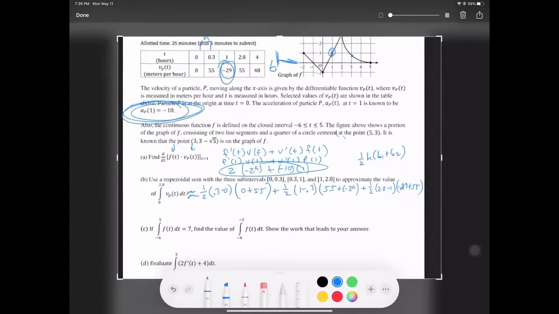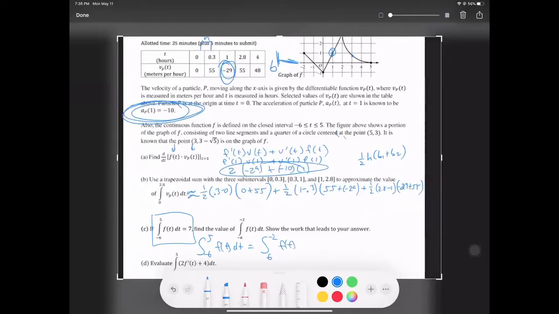Okay. So the goal here is for you to realize that you can break up this integral from negative 6 to 5 of f of t dt is equal to the integral from negative 6 to negative 2 of f of t dt plus the integral from negative 2 to 5 of f of t dt. Being able to separate the integral.